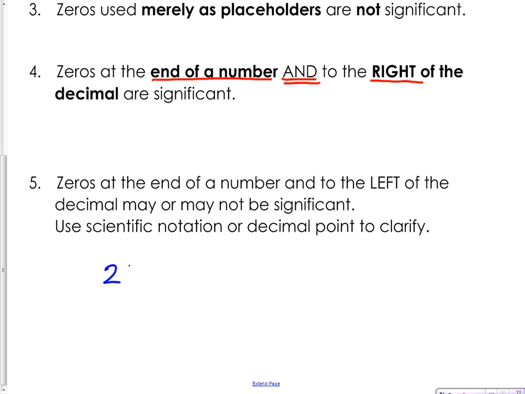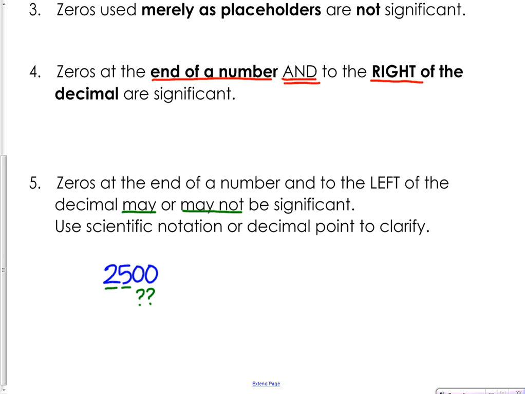This would be a number like 2,500. If you're looking at this number, all you know for sure is that the 2 and the 5 count because they're not zeros. Now, the decimal point normally lives right here, but he's not drawn in. So without him there, we don't know if these zeros are supposed to be considered significant or not. According to the rule, they may or may not be.